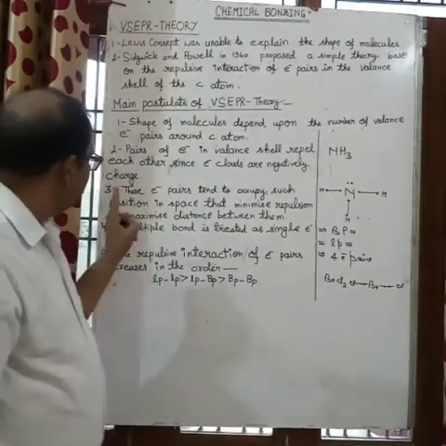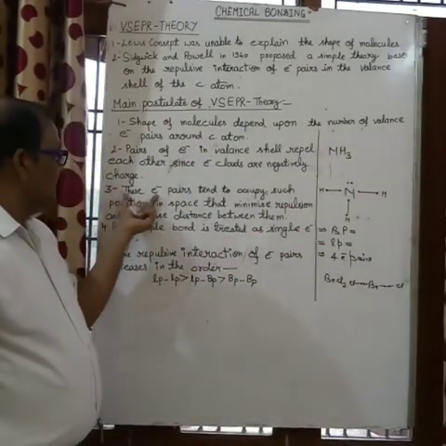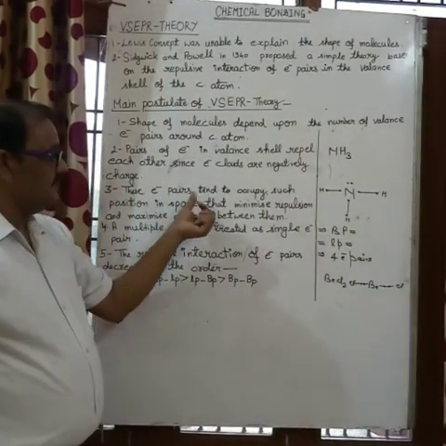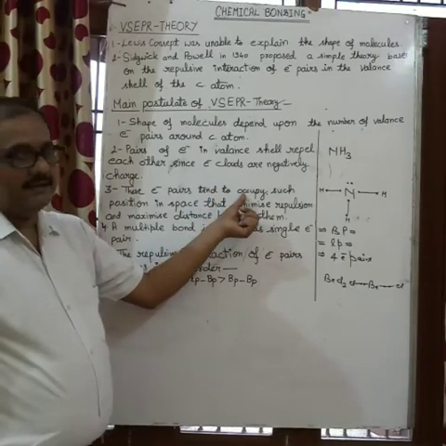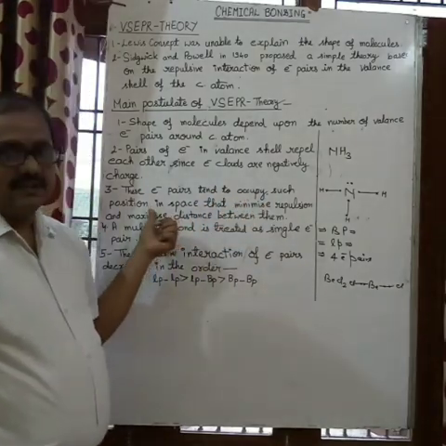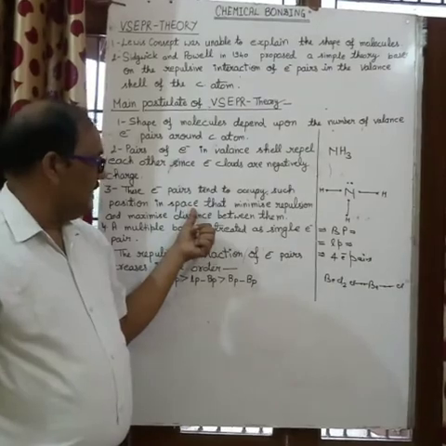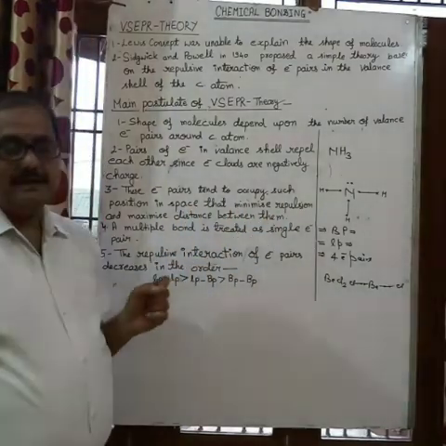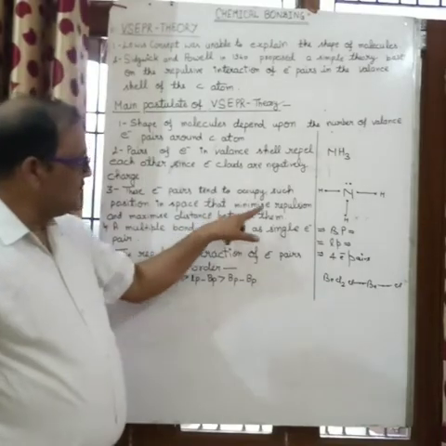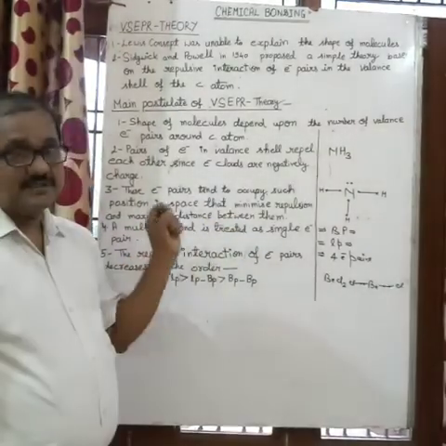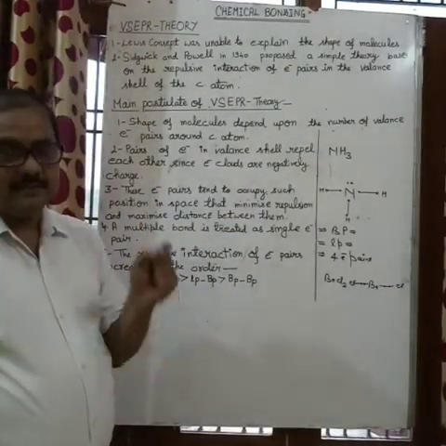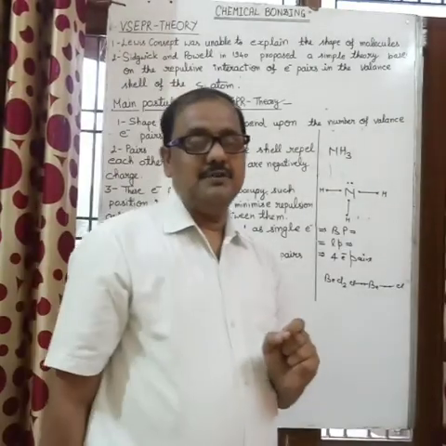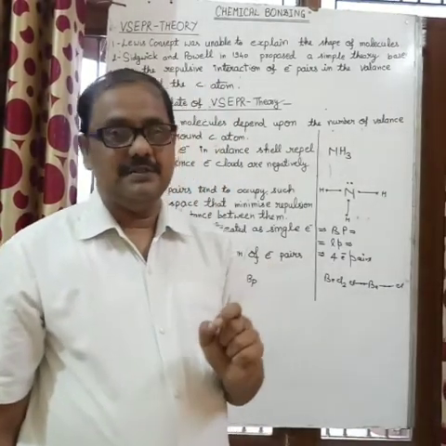And the third postulate is that these electron pairs tend to occupy such positions in space that minimize repulsion and maximize the distance between them. This is an important postulate of VSEPR theory.